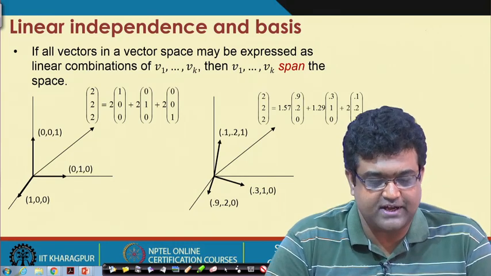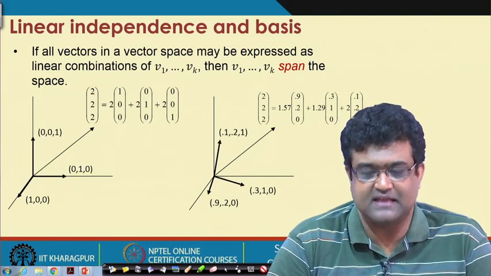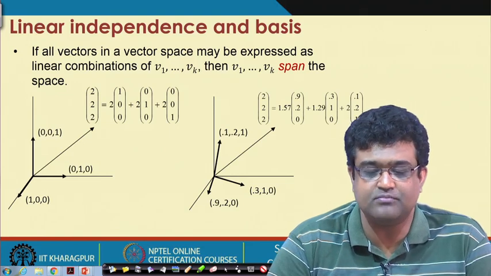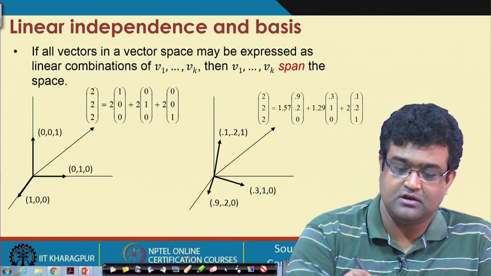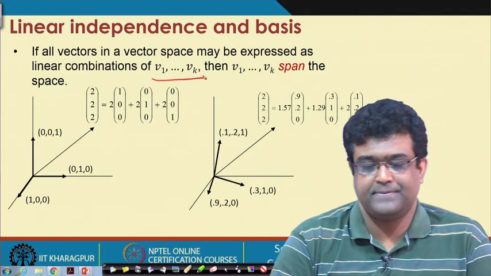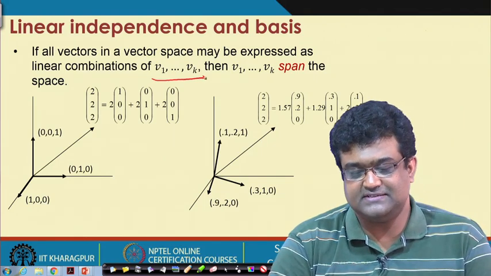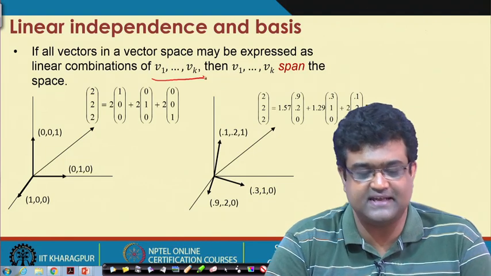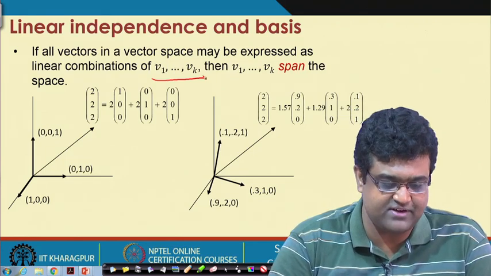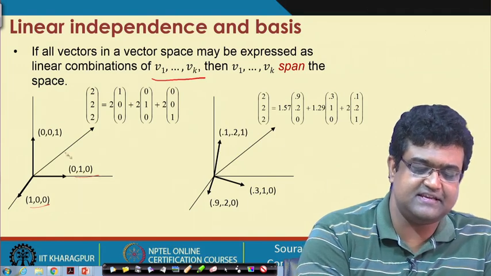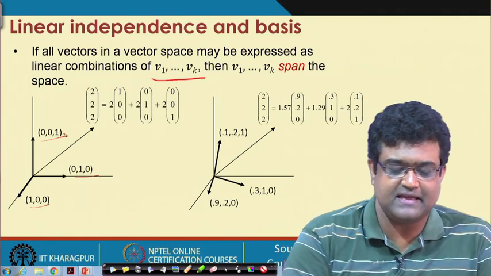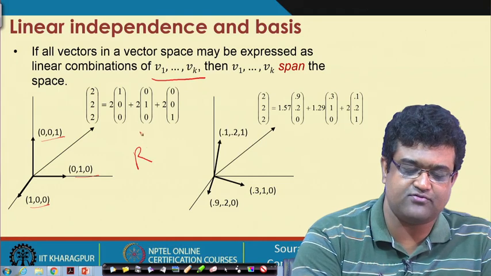If all vectors in a vector space can be expressed as a linear combination of a set of vectors, say v1 to vk, then the vectors v1 to vk are said to span the entire vector space. So, as discussed, these three vectors span the entire vector space of R3.